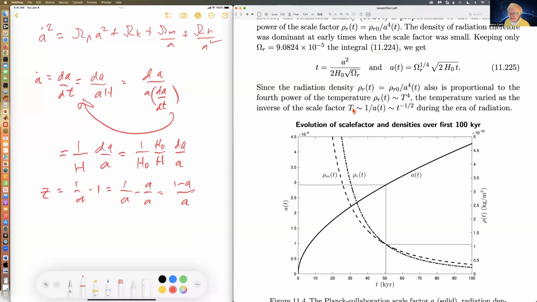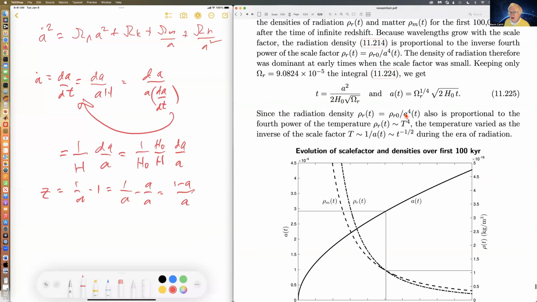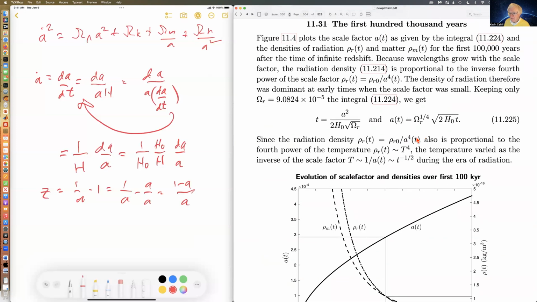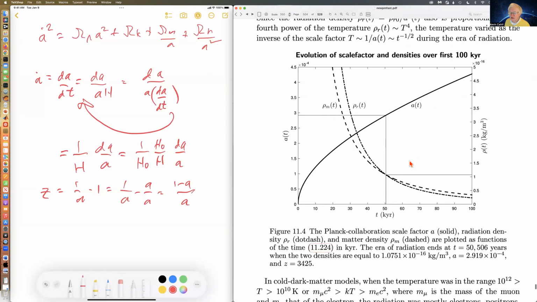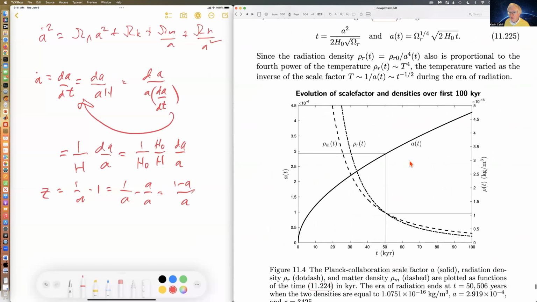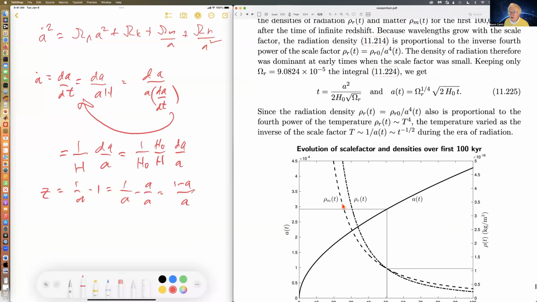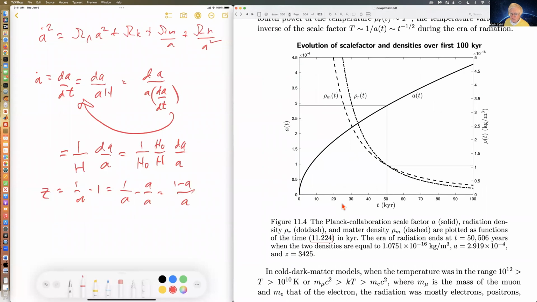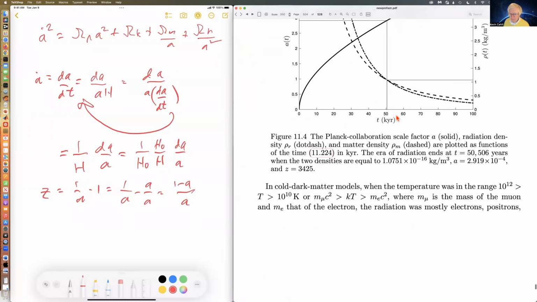So consequently, T goes as inverse A, and that goes then as 1/the square root of the time, or equivalently, A goes as the square root of time.